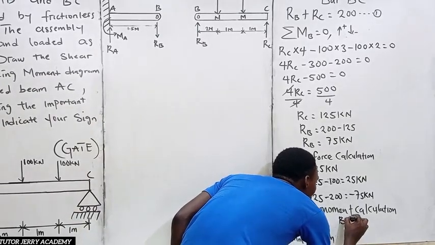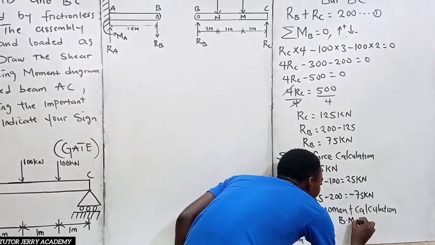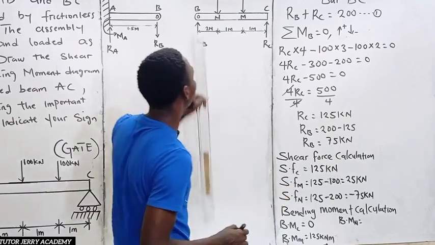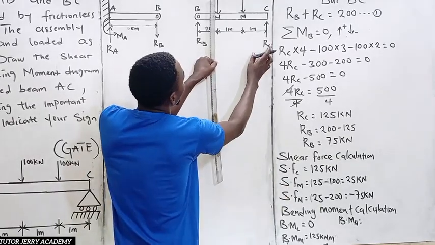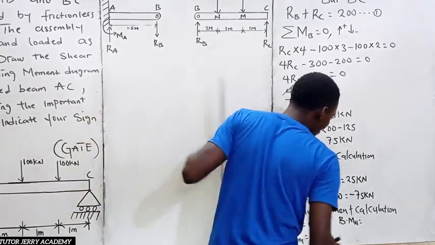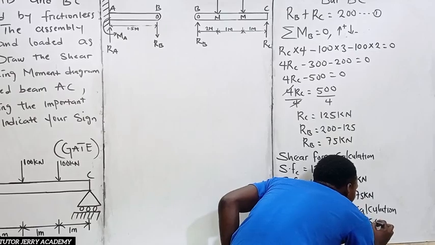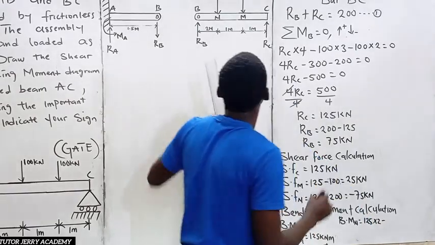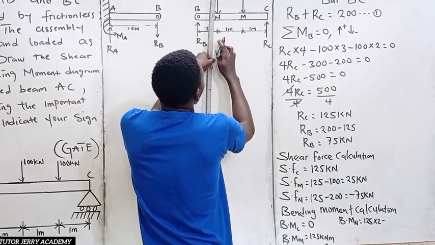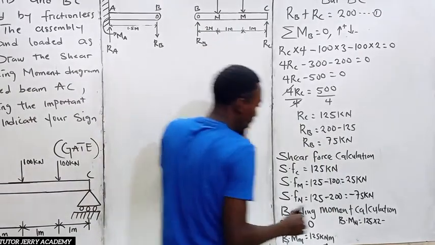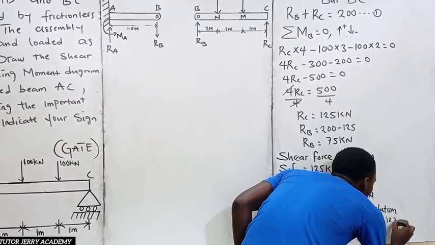Alright. So now let's do the bending moment at point N. Bending moment at point N. So this will be equal to 125 multiplied by 2 minus 100 multiplied by 1. Minus 100, which is 100.